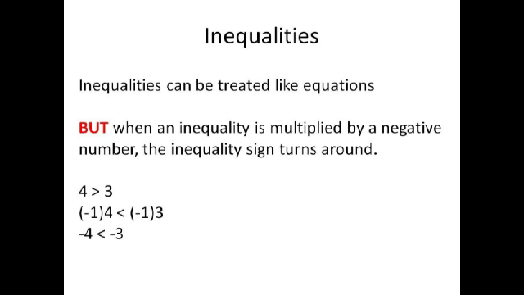Something you might have to do that there isn't a slide on this about is you might have to combine inequalities. So you might get x is greater than 3 and x is less than 5, and you have to combine them, so you have to say that x is between 3 and 5. That's really basic stuff, so hopefully you're alright with that.